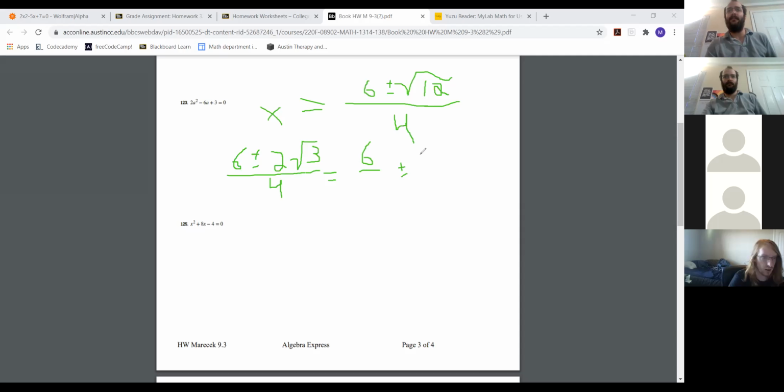So this is plus or minus 2 radical 3, and we want to put both of these over that denominator. So 6 over 4 we can simplify. We can reduce that fraction to 3 over 2. Yeah, it's 3/2. And this is plus or minus still.